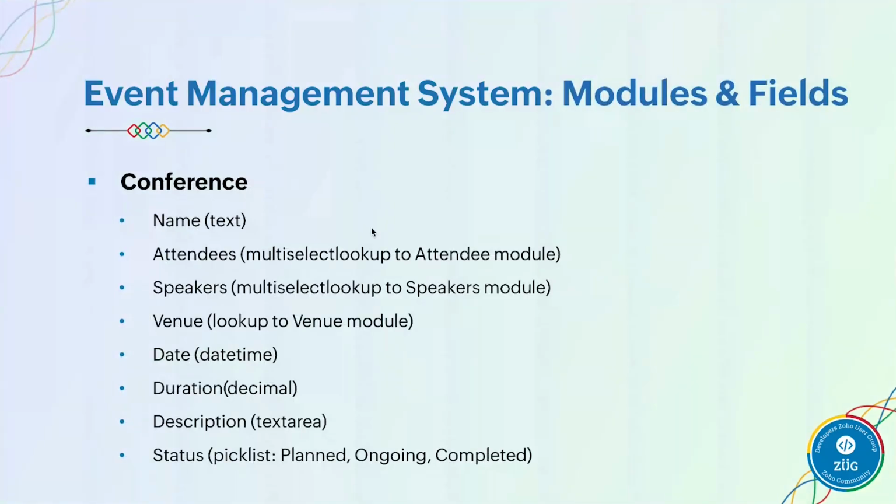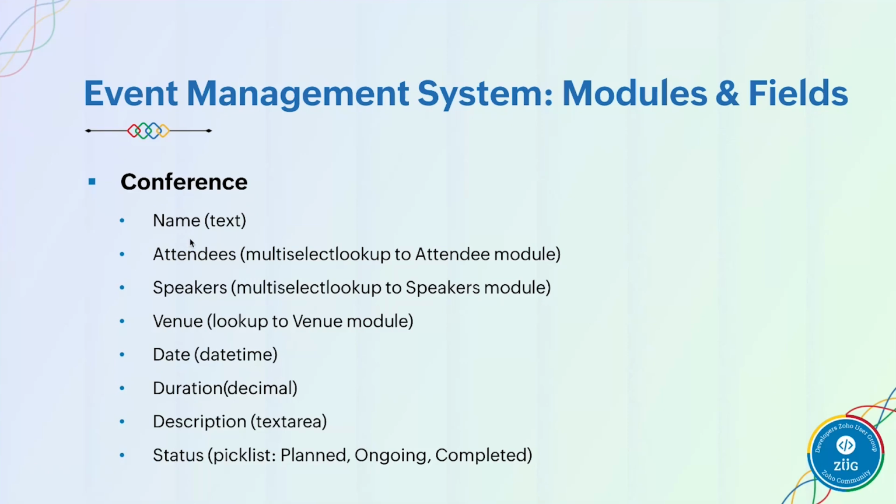For achieving this, we are creating these modules. I'm creating a separate module called conference. I'm not creating the one inside meetings, which was previously called events in Zoho CRM. I have to create a new module for this use case.